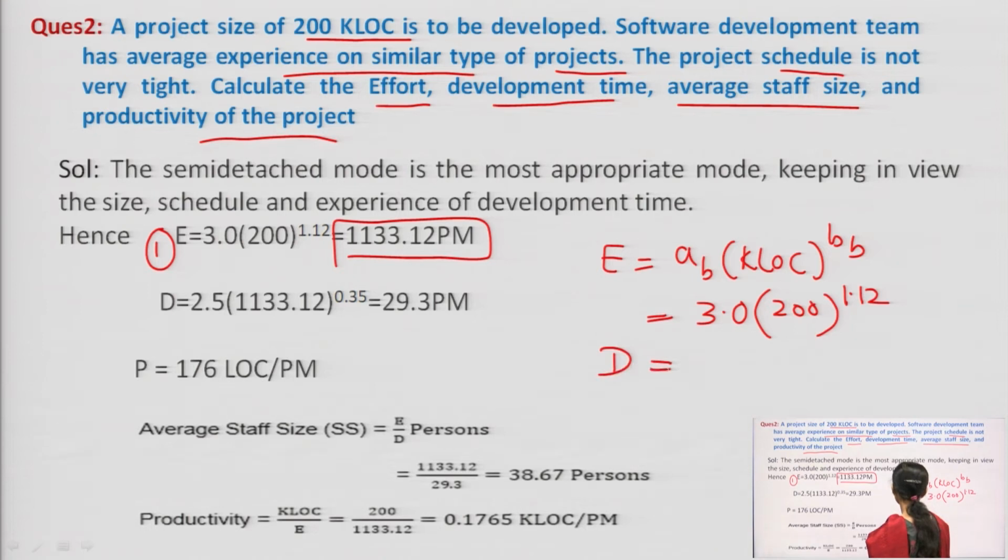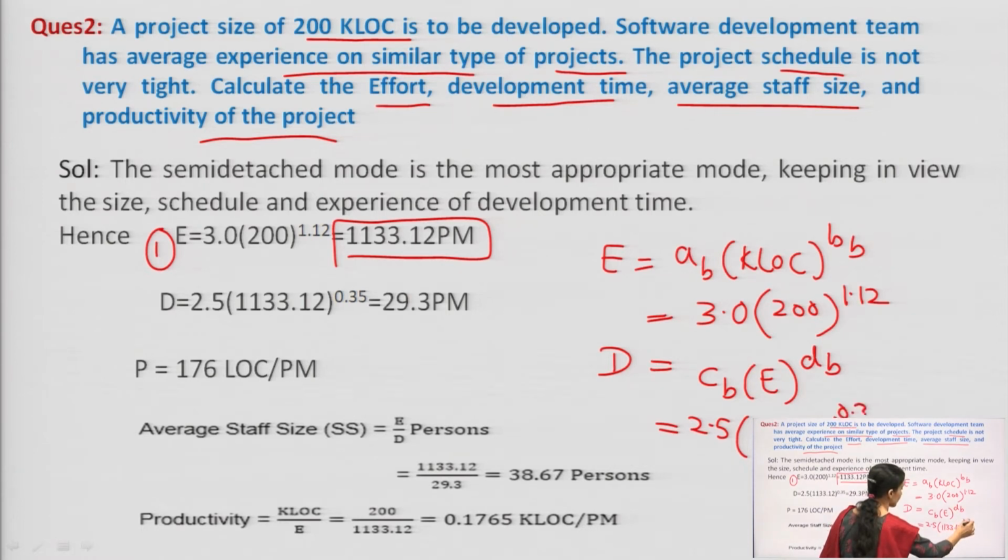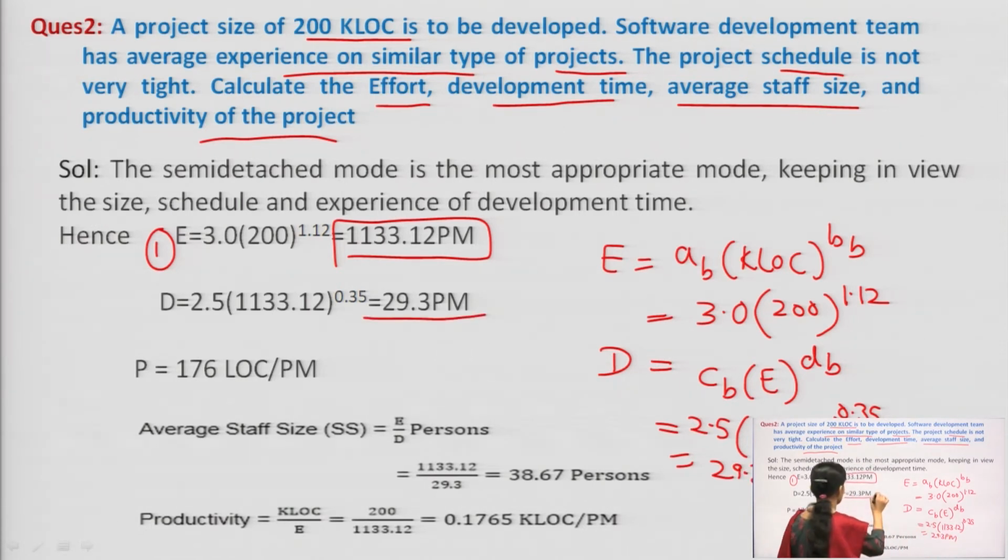We know that the development time is given as CB, the effort that I have calculated, power DB. The value of CB is 2.5 and the effort I have calculated is 1133.12, to the power 0.35. It comes out to be 29.3 months. So the second parameter is also calculated.